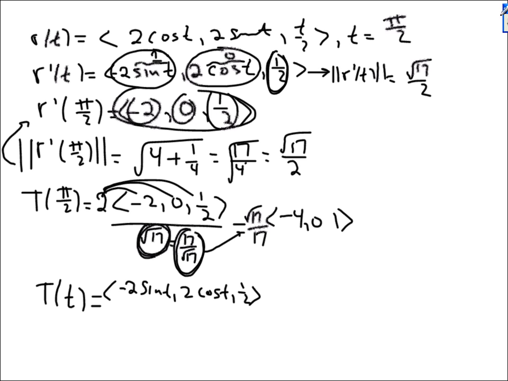Okay. So we get T prime, and we divide this by, now keep in mind, if I multiply the top by square root of 17, I'll get that. If I multiply the bottom by square root of 17, I get that.